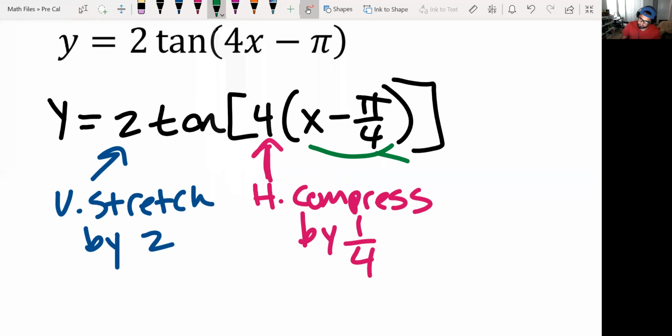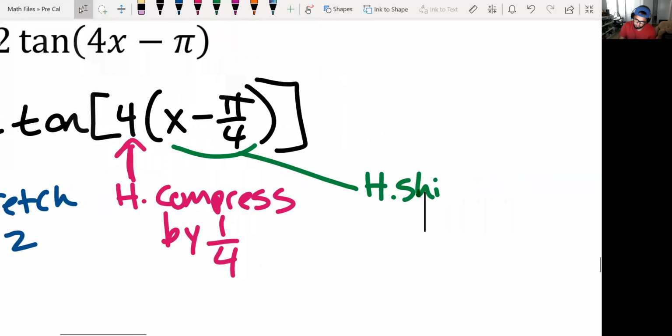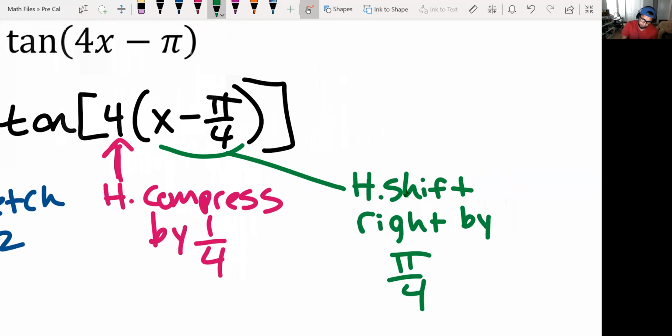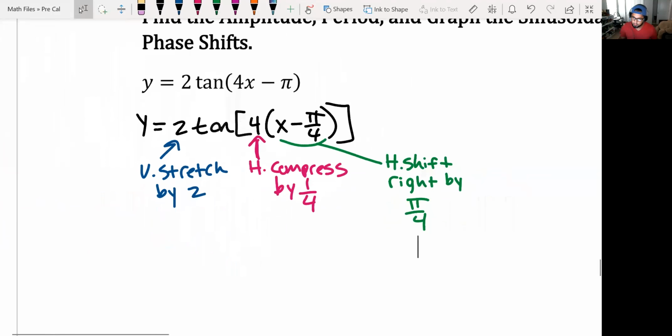And you've got a horizontal shift right by pi over 4.